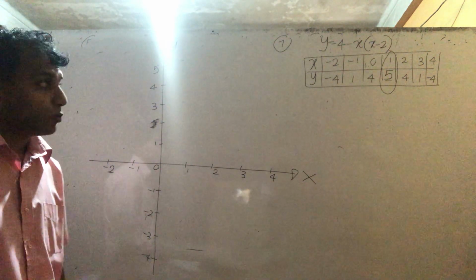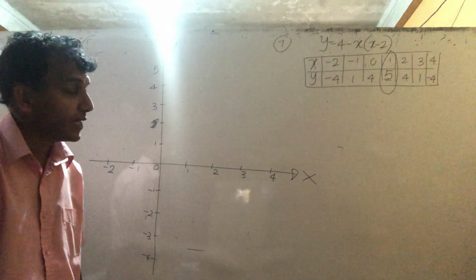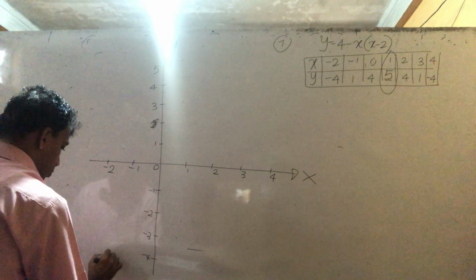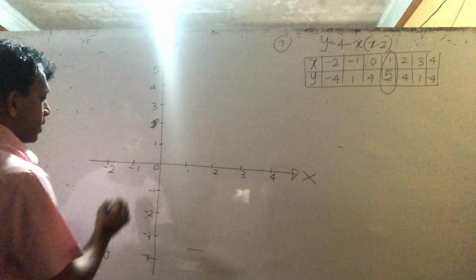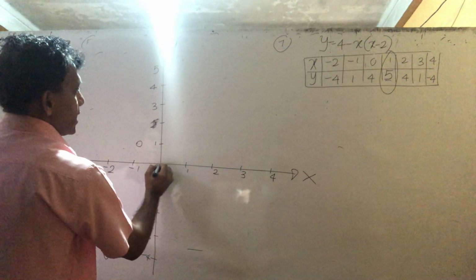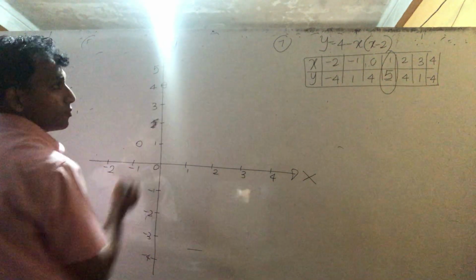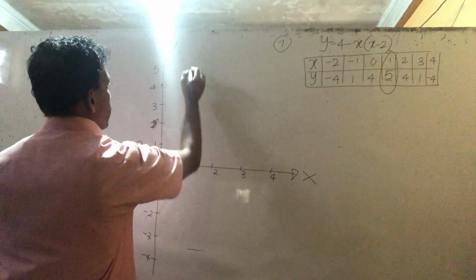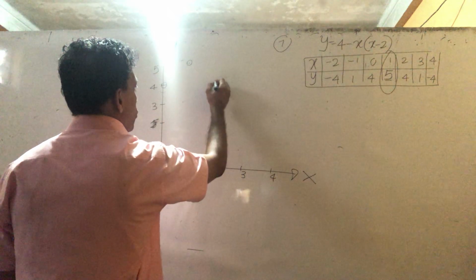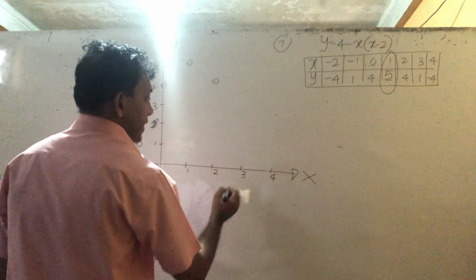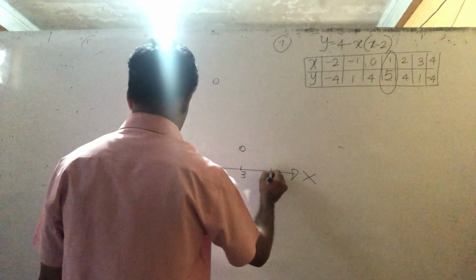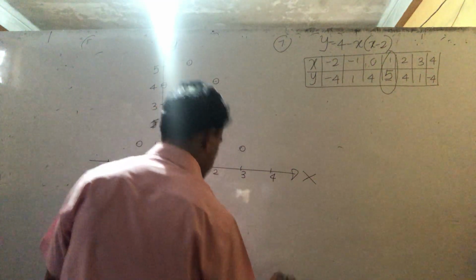So how about these values? When x is minus 2, y is minus 4, the last lower point. x minus 1, y 1. x 0, y 4. x 1, y 5. x 2, y 4. x 3, y 1. x 4, y minus 4.